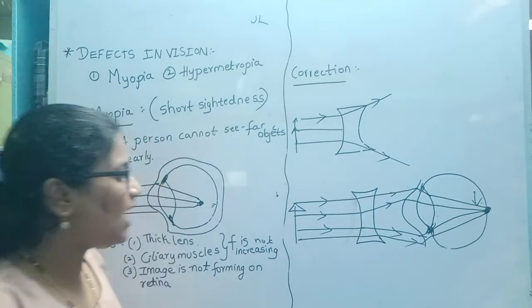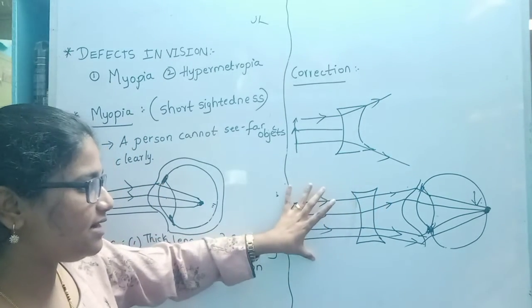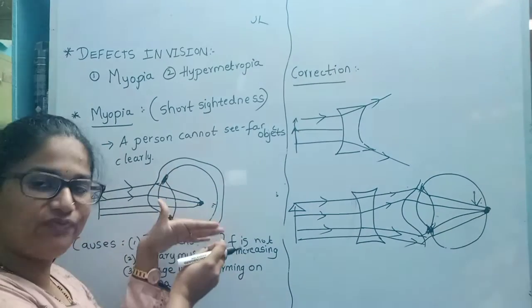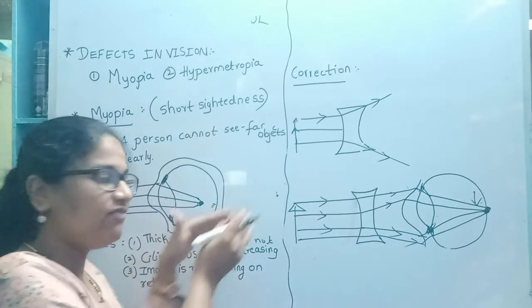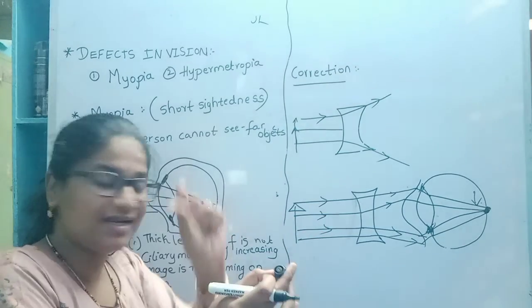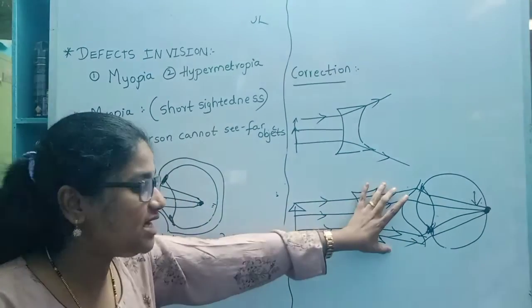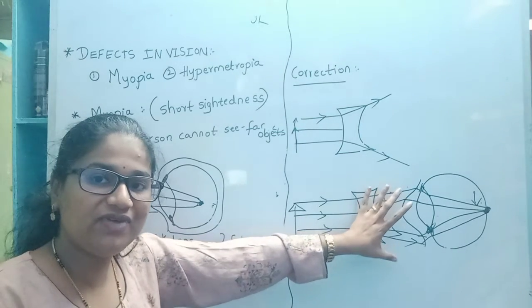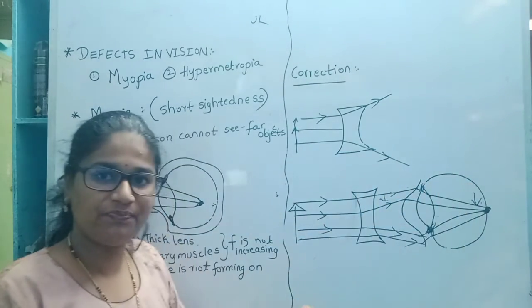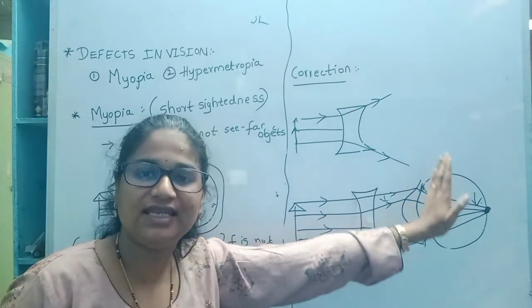So what happened here? The light rays coming from far objects, when incident on the concave lens, have the distance between them increased. So they have much more space to converge, and they will converge at a farther distance, that is on the retina.